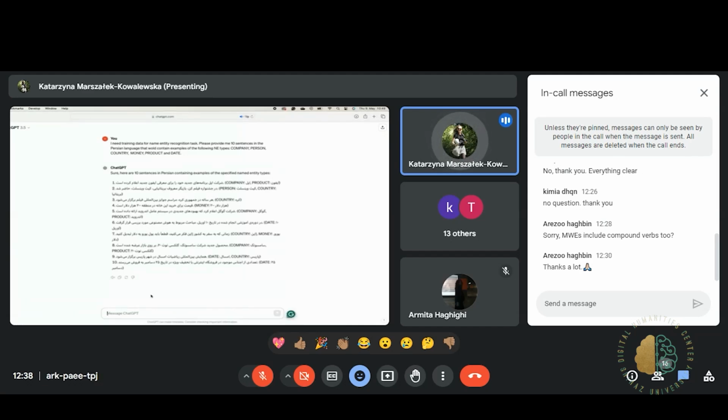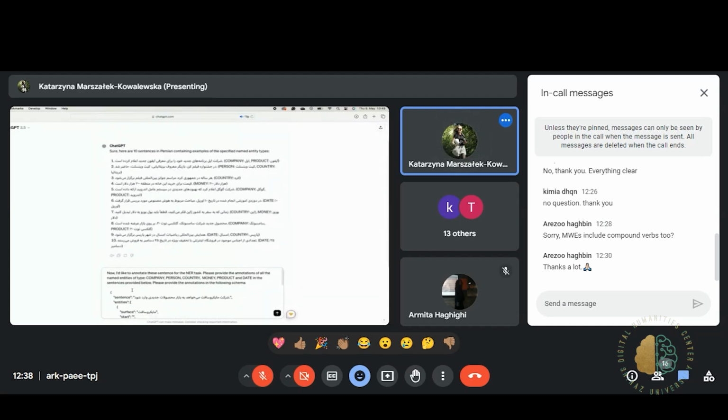Then I provided GPT-3 with a second prompt, okay? Now I'd like to annotate the sentences for the named entity recognition task. Please provide the annotations of all the named entities of these types in the sentences provided below. Please provide the annotations in the following schema.